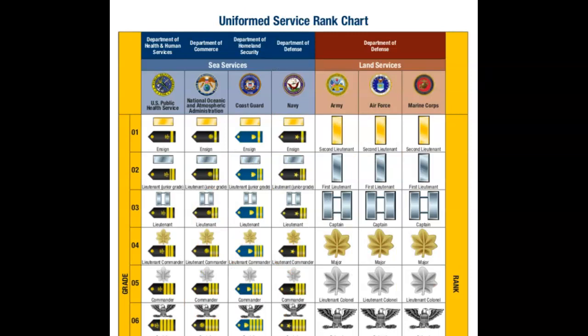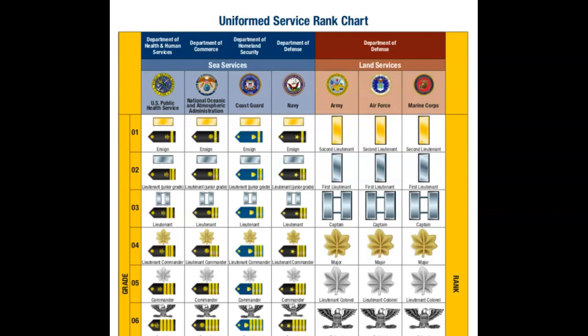Now that we've zoomed in here on this Uniform Service Rank chart, you can see that on the left side of the chart, with the blue at the top, those are called the sea services. And the reddish color, rust color, I guess you call it, over on the right-hand side is called the land services. Within each of those, we'll look at the sea services first.